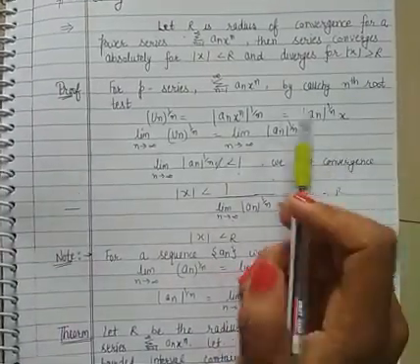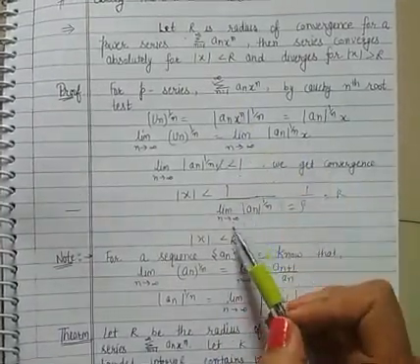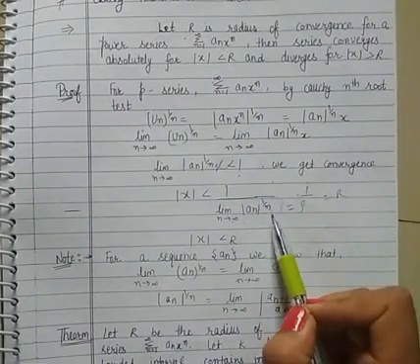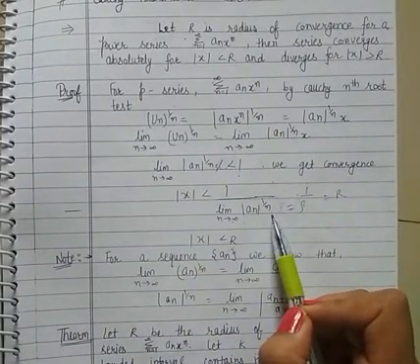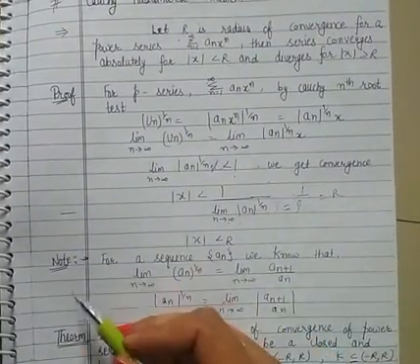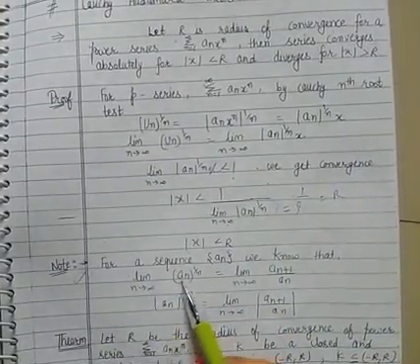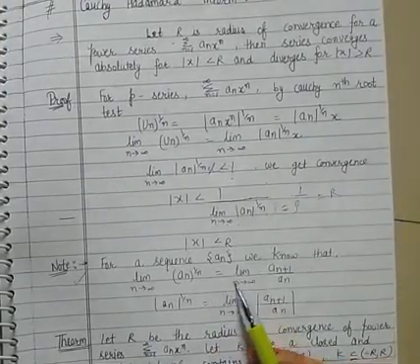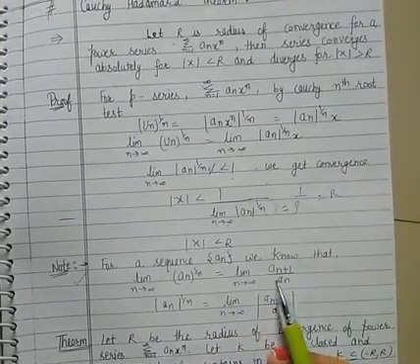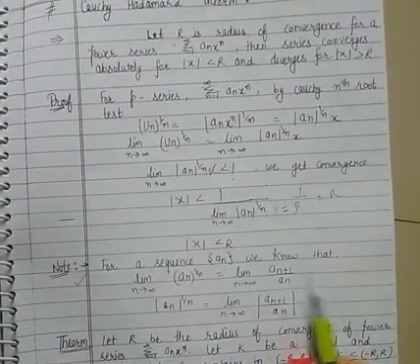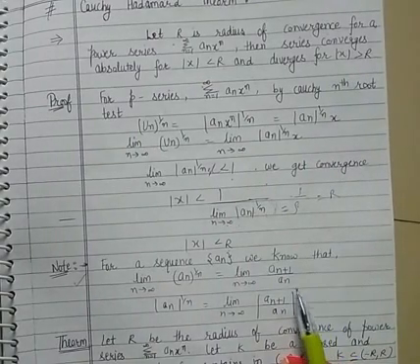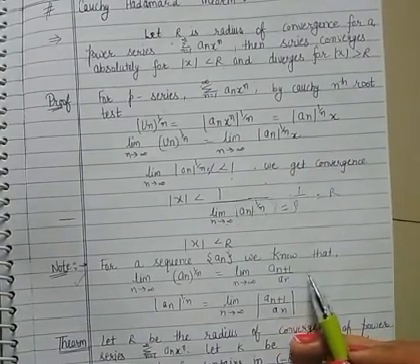Okay, now we know that for a sequence a_n, remember this result, limit n tends to infinity of |a_n|^(1/n) is equal to limit n tends to infinity of |a_(n+1)/a_n|. This comes from Cauchy theorems on limits for the sequences.